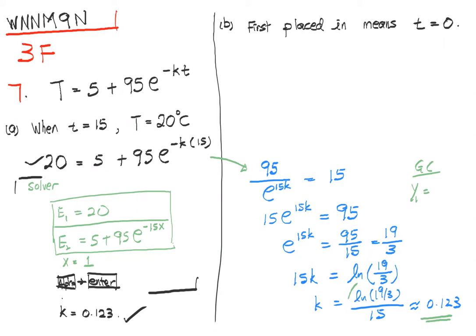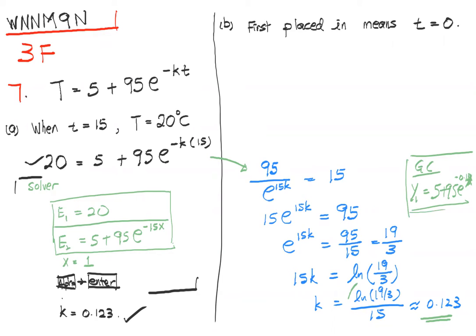The difference will be a little bit. Are you clear? So I will key in my Y1 as 5 plus 95 e to the power negative 0.123x, so that afterward I can use it.